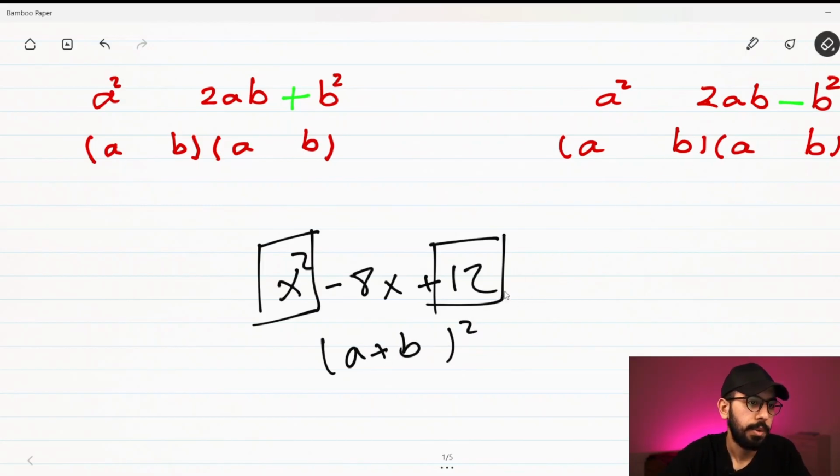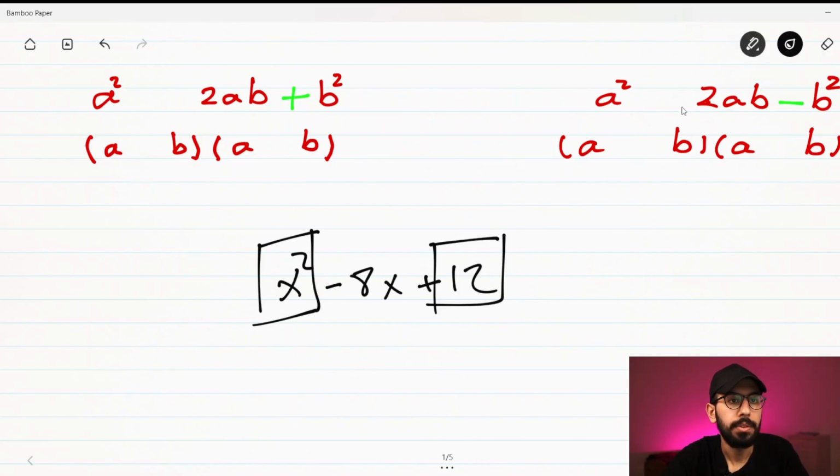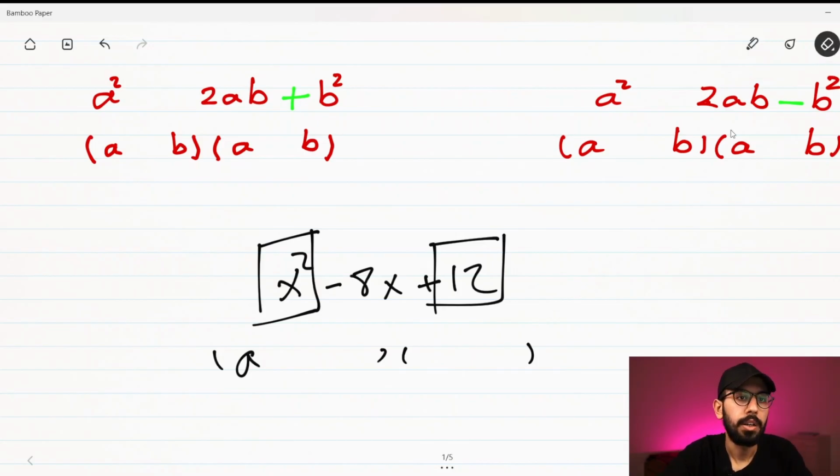There's another way to solve it, but we need two brackets, and these two brackets are not the same. Each one has different numbers than the other, so we cannot put them into one bracket with a square over it.